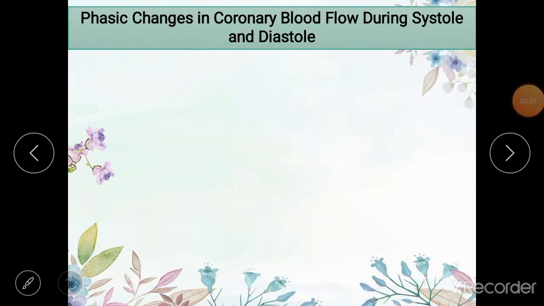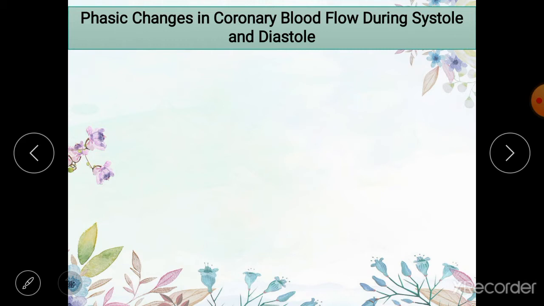Let us now discuss the pattern of coronary blood flow during the cardiac cycle. As you already know, the cardiac cycle is divided into two parts, the systole and the diastole. Systole is the duration of contraction of the ventricle, while diastole is the duration of the relaxation of the ventricle.